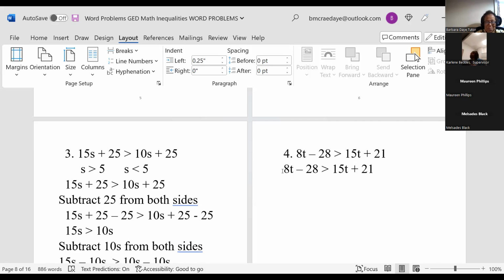I only get as far as I subtract 8t from both sides. No, you want your t's on the left, Maureen. So you need to get the 15t on the left. Remember, I said the variable on the left.